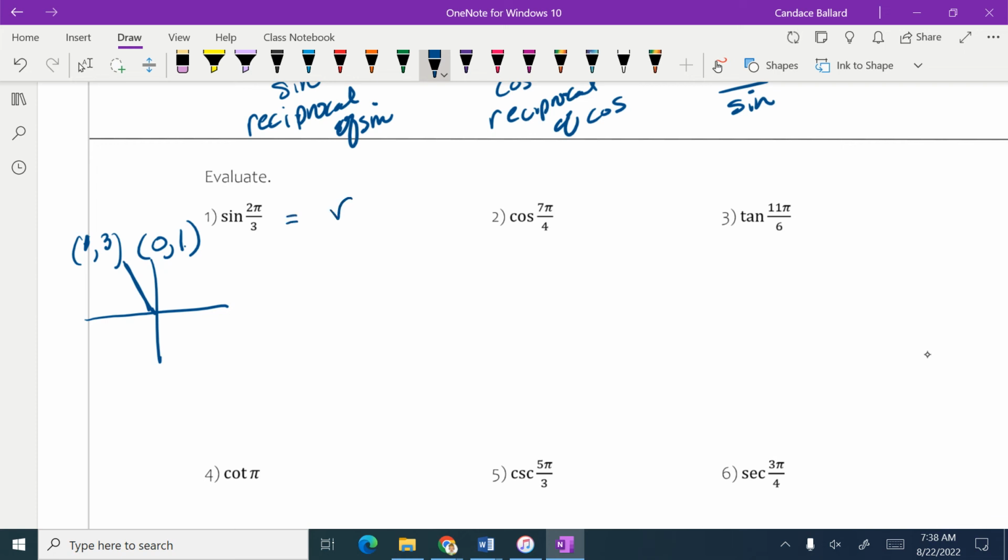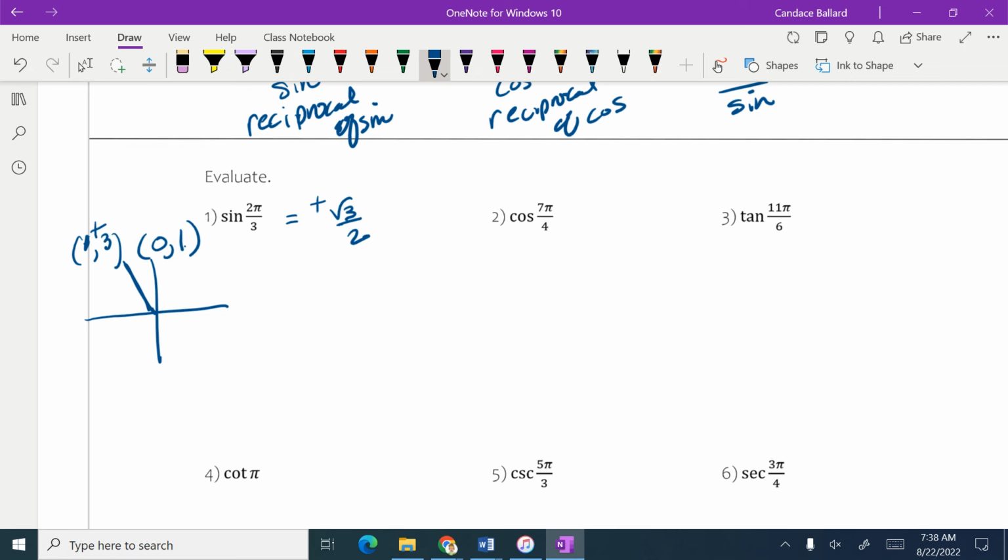So it's got to be square root of 3 over 2. Did I have to write out my entire unit circle to get that? No. Should it be positive or negative? Positive because it's sine, in quadrant 2. That did not take me 5 minutes to write out my unit circle. It took a little bit of thinking. That's how I approach the unit circle when I don't have it in front of me. I only write out what I need, which is why last week I had you do it quadrant by quadrant by quadrant. So you got the idea that you don't have to do the whole thing.